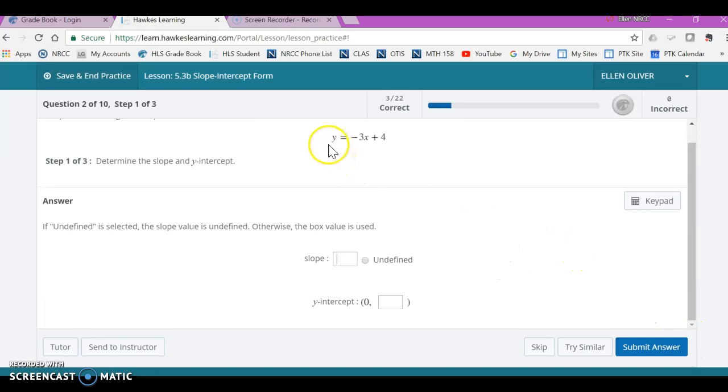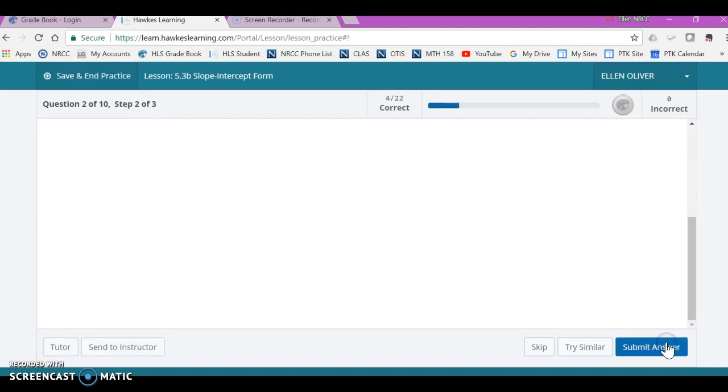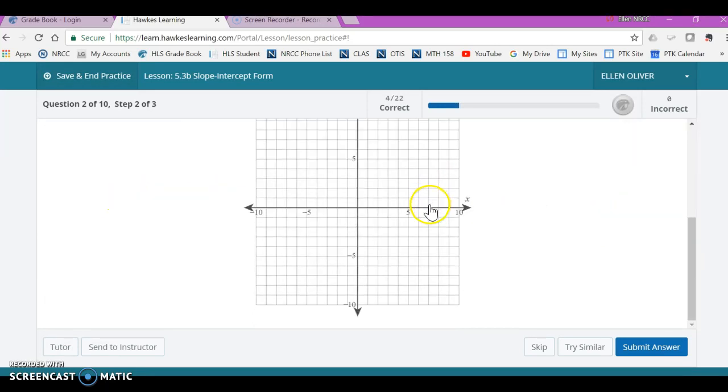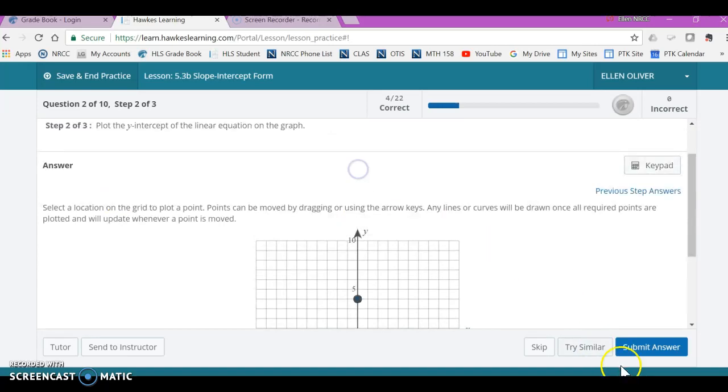Okay, so this guy is already solved for y equals mx plus b. So my slope is m, so it's -3. My y-intercept is 0, +4. So now I'm going to have to graph it again. First, they want the y-intercept, which is +4 on the y-axis.